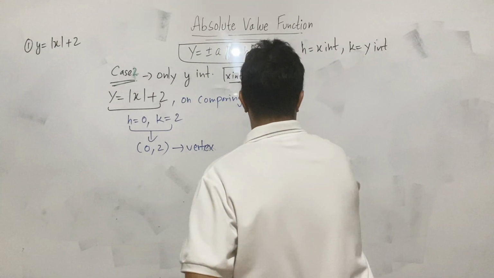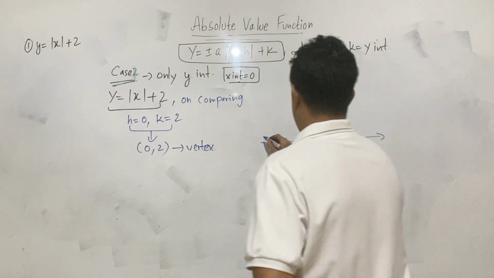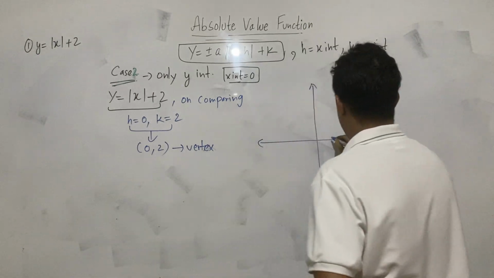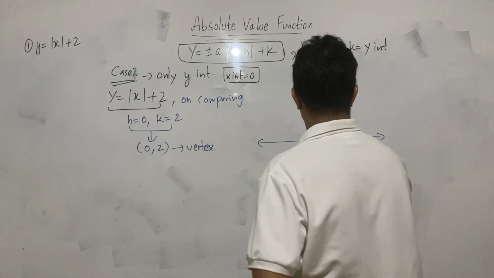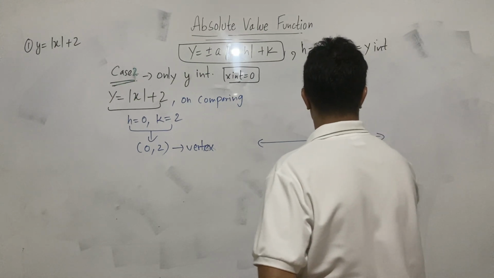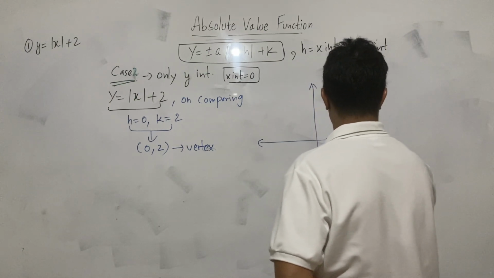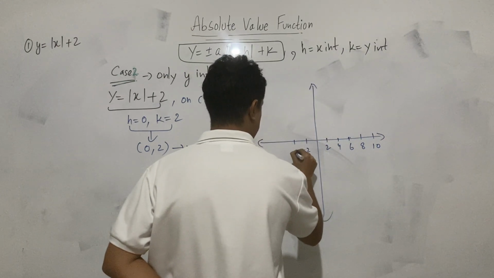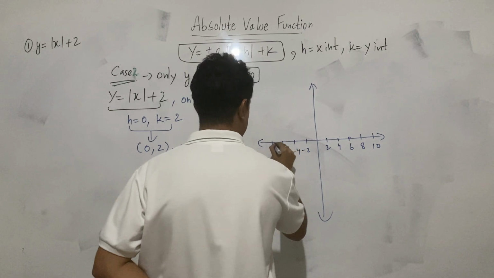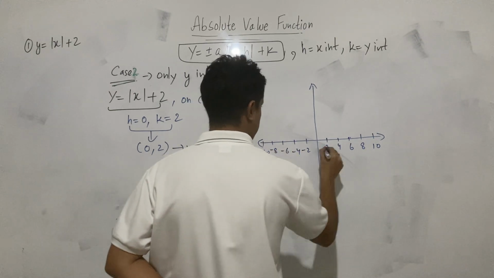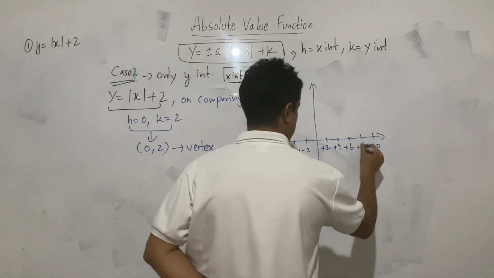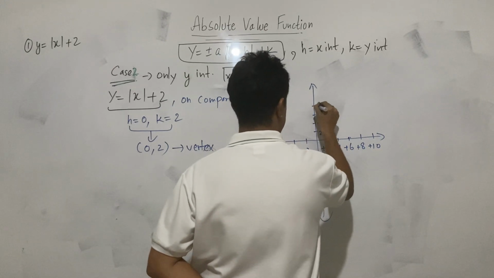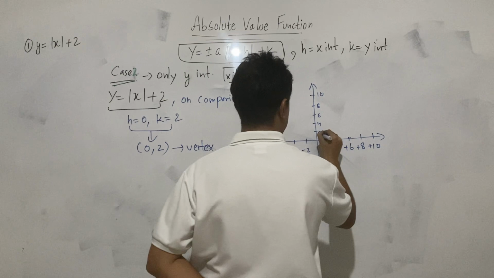So let's see. We'll design the graph for this. Here 2, 4, 6, 8, 10. Here negative 2, negative 4, negative 6, negative 8, negative 10. And here 2, 4, 6, 8, 10, positive.